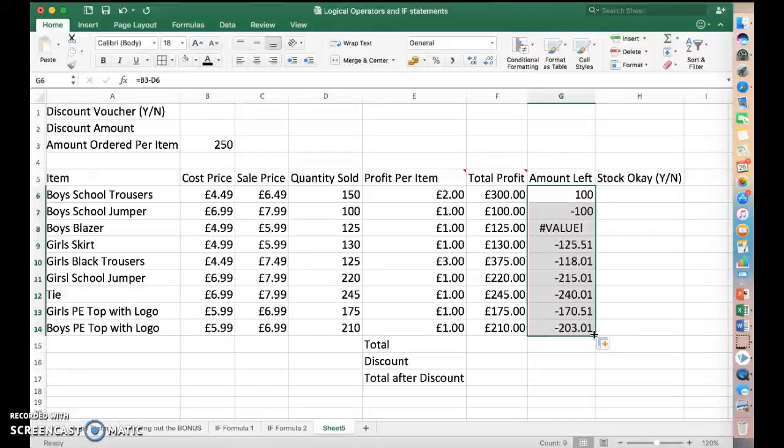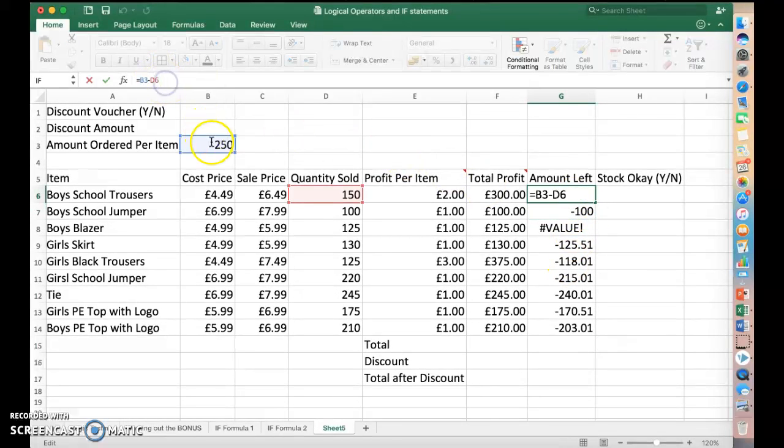And if you remember why, it's because of the way we've cell referenced it. We've used a relative cell reference, so when we drag down, 250 is moved to here, then there, and so we've got the hashtag value. We need to use absolute cell references. So again, to see, the first one there was B3 take away D6, which we wrote, which was correct.